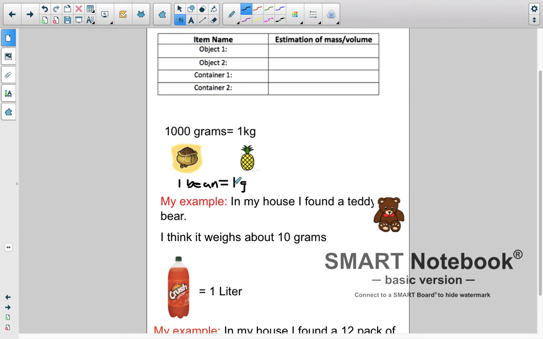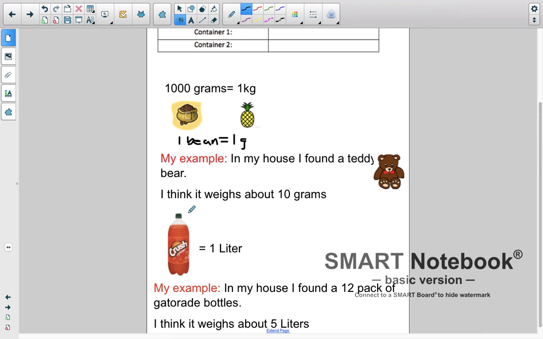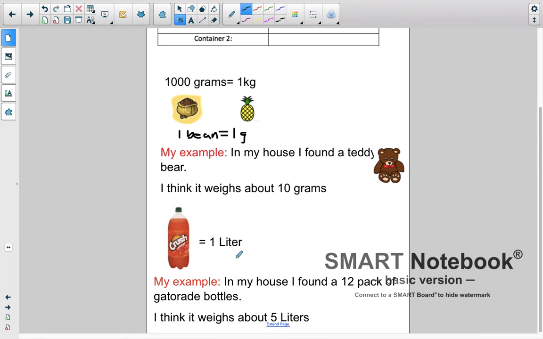So think about how many beans are going to equal your teddy bear or your object, whatever object you choose. And that's going to be how much it is in grams. And 1 bottle of Crush is going to equal 1 liter. So think about if you were carrying a bottle of soda or water in your hand, is your object going to be heavier, or is it going to be lighter, or maybe it equals 1 liter, about the same.